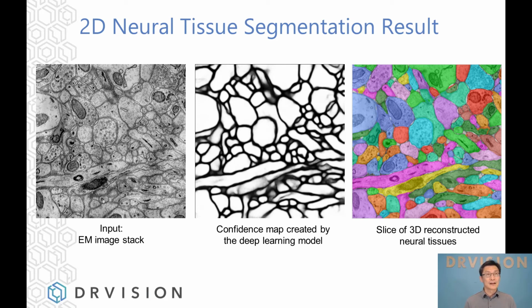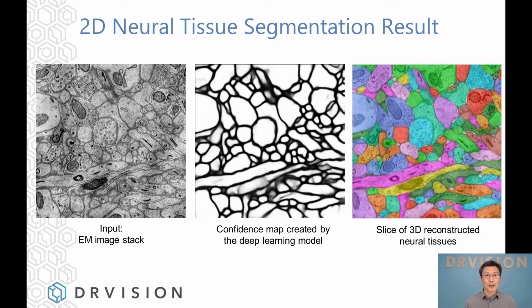I'd like to quickly show some screenshots of the segmentation result. On the left are the input EM images, and in the middle is the confidence map created by the deep learning model we trained.